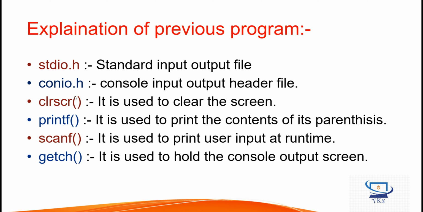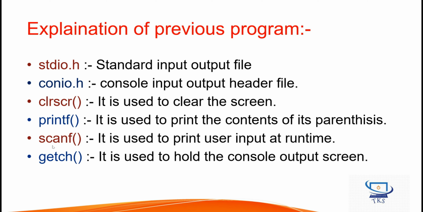And next, coming to conio.h. Conio.h is the console input output header file. It contains the declarations of the clrscr function and getch function and also other functions. And inside this, I have written a clrscr function which is used to clear the screen. And below this, I have written a printf function which is used to print the contents of its parentheses. Whatever we write inside its parentheses, it will print on the output screen.